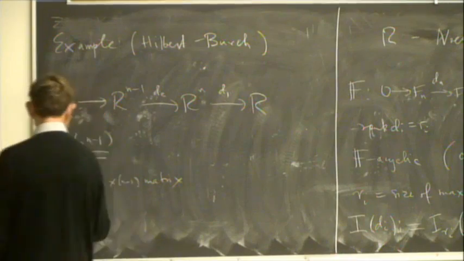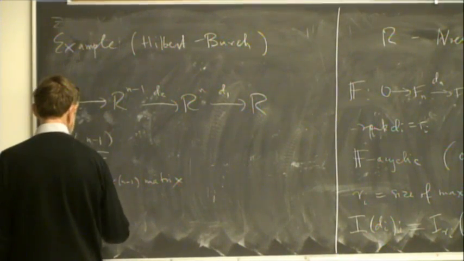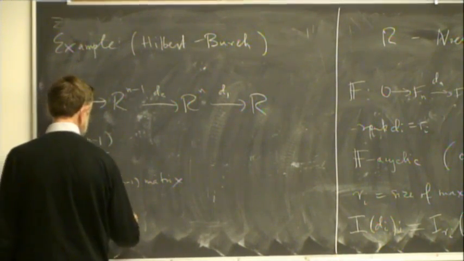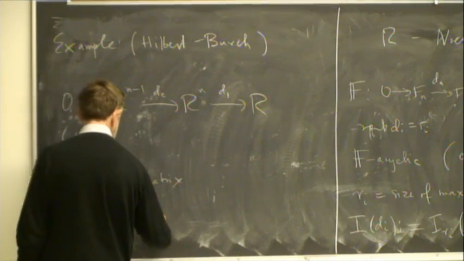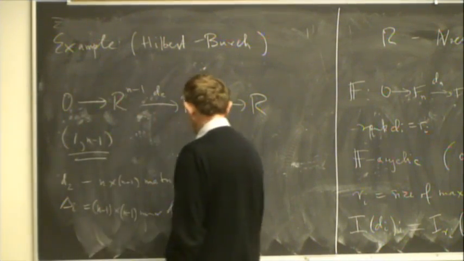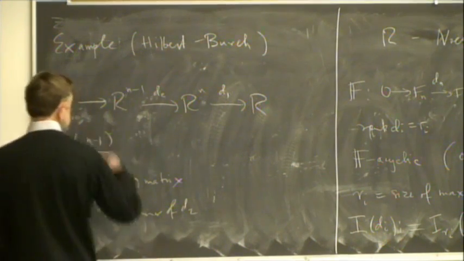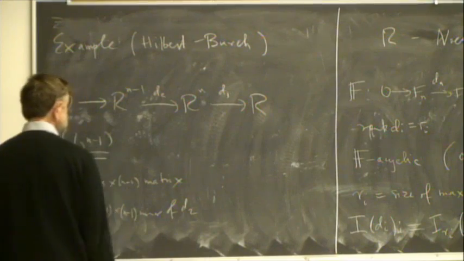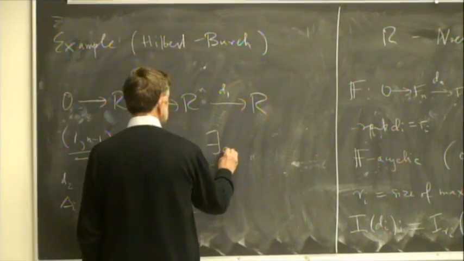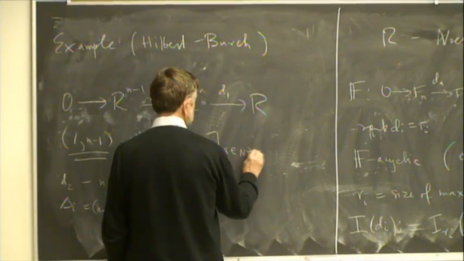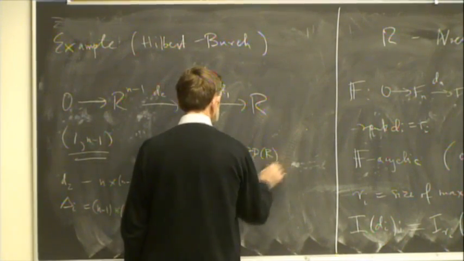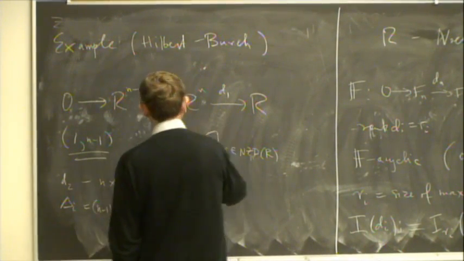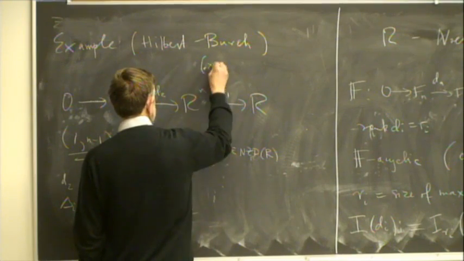So I can denote by delta_i the (n-1) times (n-1) minor of D2, which I obtain when I skip the i-th row. And then it turns out that there exists actually a non-zero divisor a in R such that, let's denote the generators by x1, ..., xn.